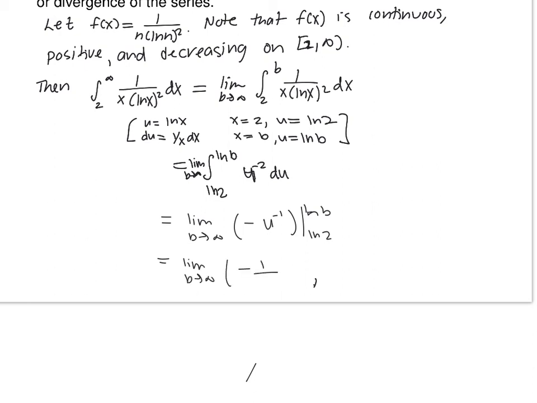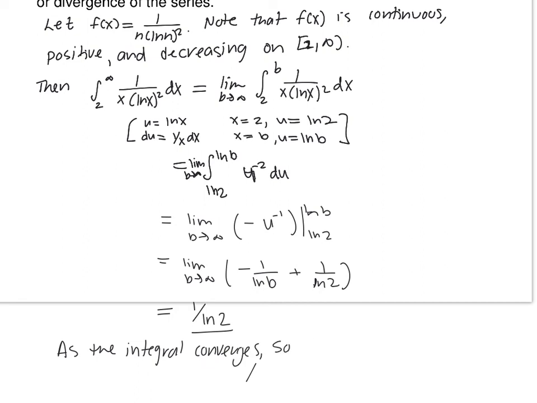So negative 1 over ln b plus 1 over ln of 2. And as b goes to infinity, 1 over ln b will go to 0. So this improper integral converges to 1 over ln of 2. So as the integral converges, so does the series by the integral test.